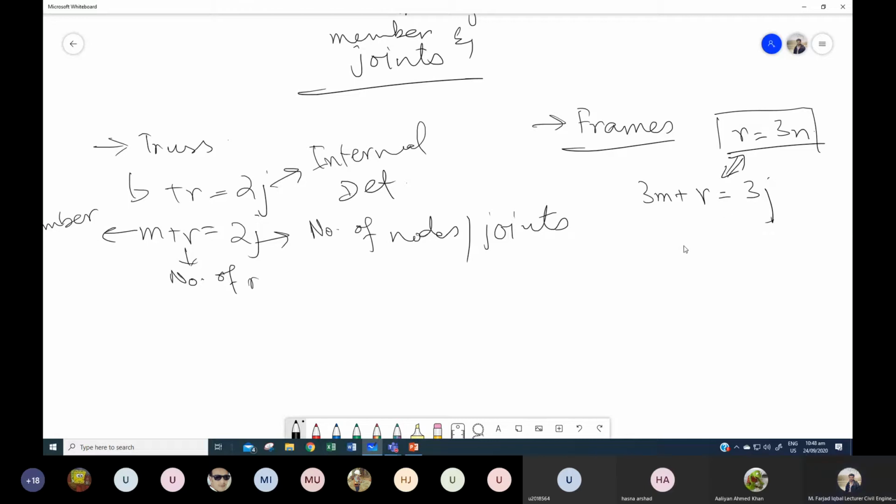Okay, next time I will tell you the difference. In this formula, M is the number of members, R is again the reactions, and J is the number of joints. By using this formula, you can figure out the internal determinacy of frames. And this one is for truss.